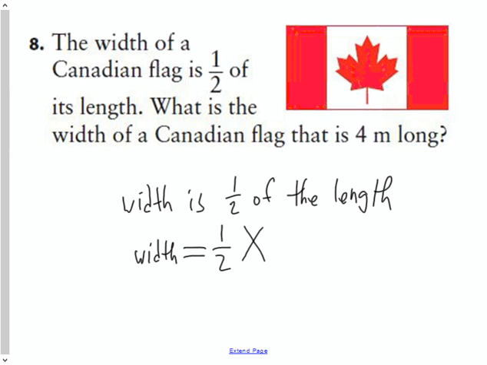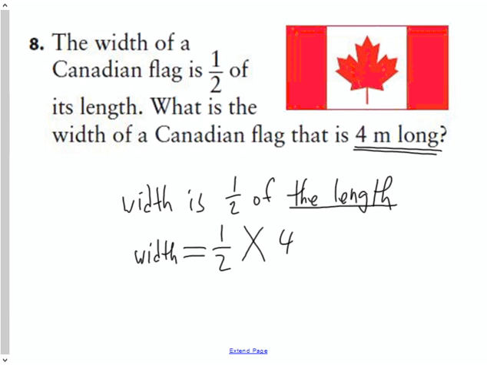And the length. Since the length was given to us, I can change the length into the number 4. Okay? So what we've done is we've taken the sentence and we've made it into a mathematical sentence that we can solve. And once we solve that, we will know what the width is. The width is equal to 1/2 of 4.